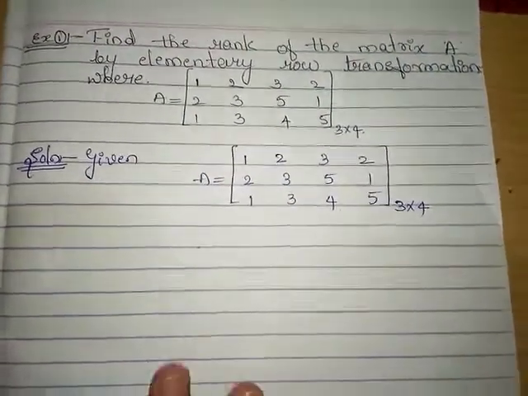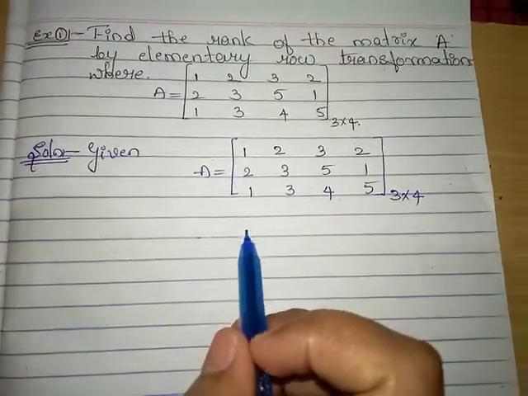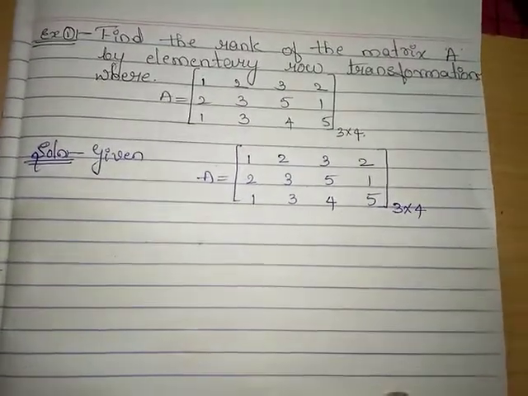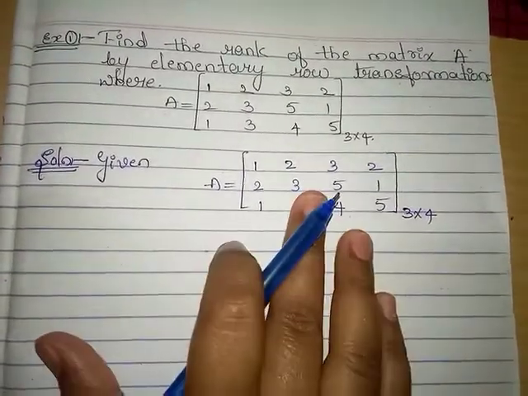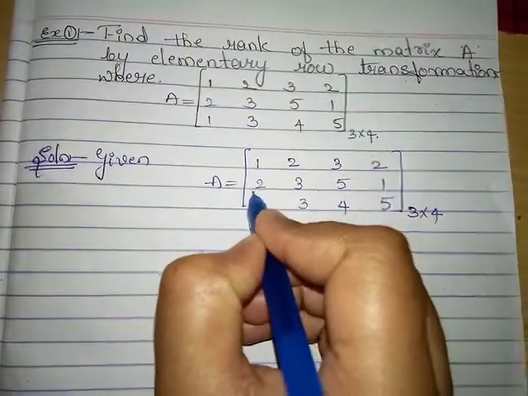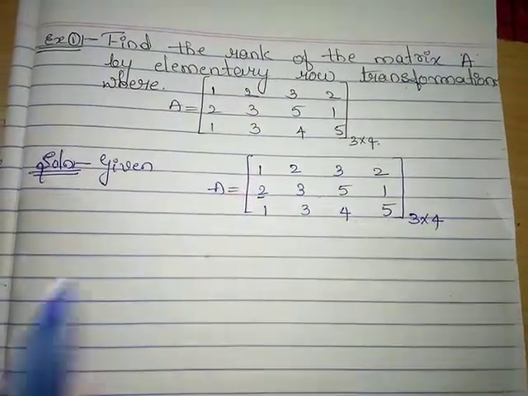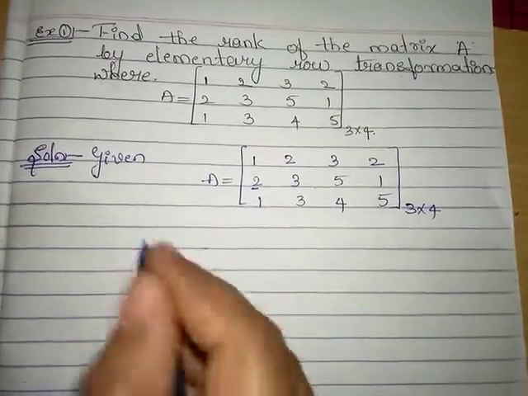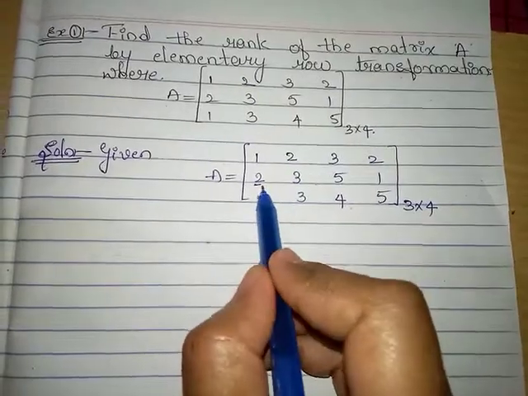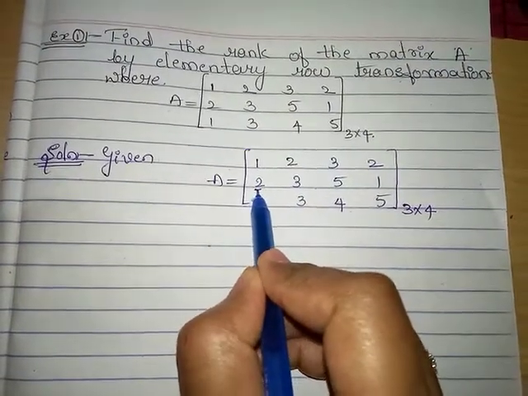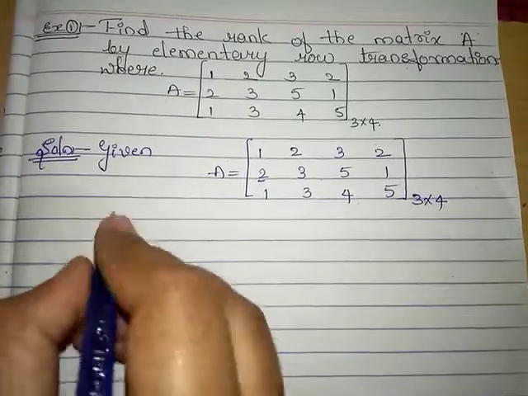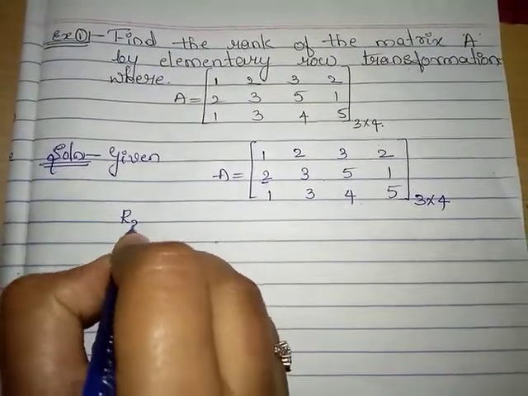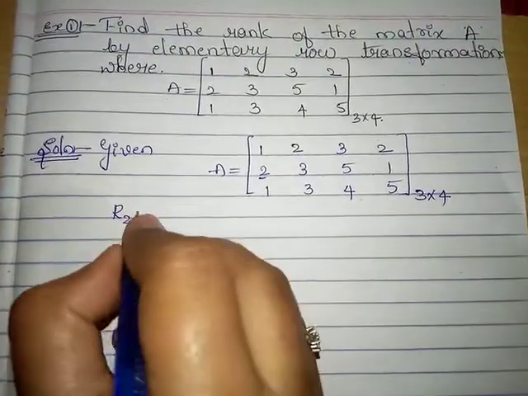Now the intention is to reduce this matrix to echelon form. To do that, first we have to make this element 0. So I apply the row transformation to R2, the second row, in such a way that this element becomes 0.